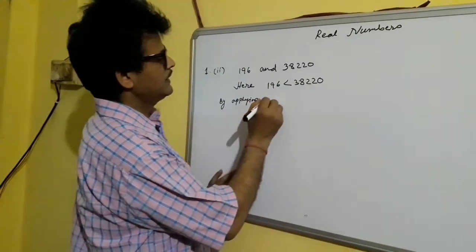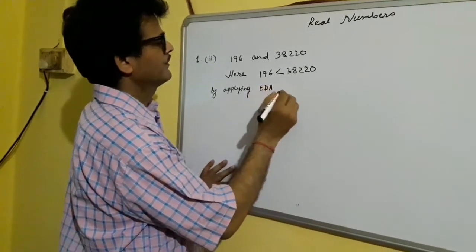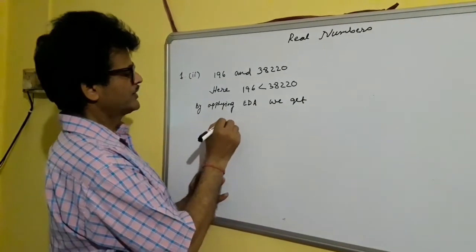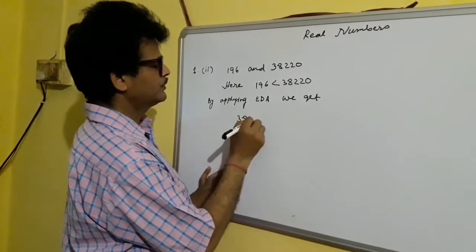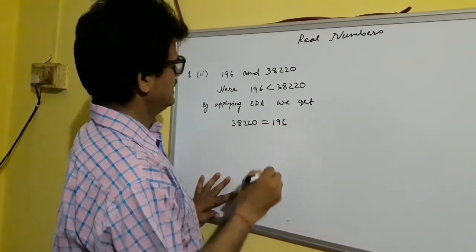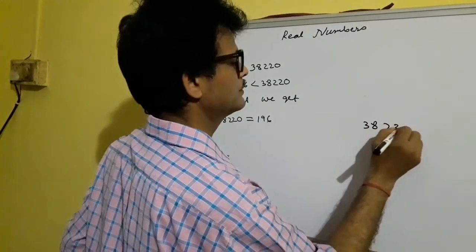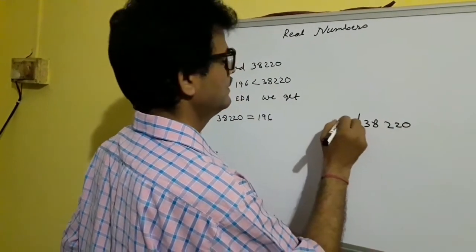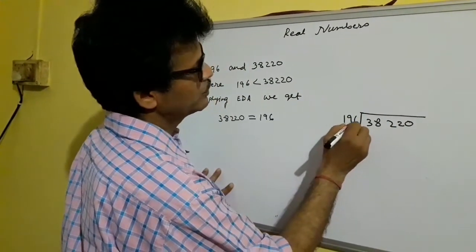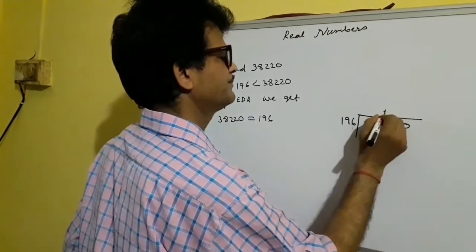By applying Euclid's division algorithm, we get 38220 equals 196 into something. Now we divide 38220 by 196. First, if we take 2 times, it will be more than 382, so it will be 1 time.